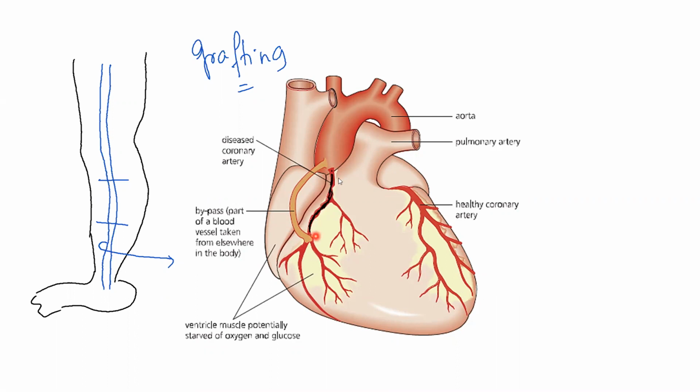The blockage or narrowing is here, but they put the vein attached to the aorta and attached to this healthy vessel. So blood, of course, is going to pass from the aorta to here in order to supply these areas.